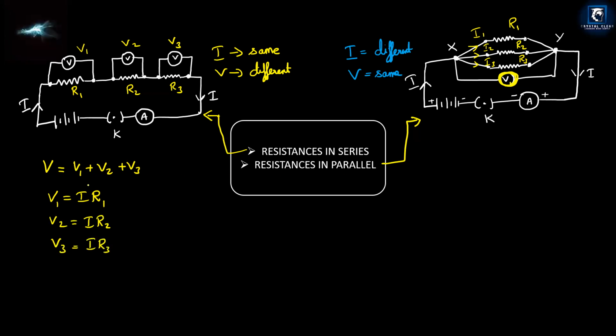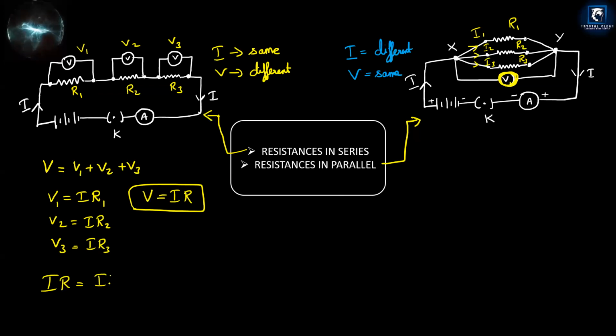Now I'm going to substitute this in this. We all know the general formula V is equal to IR. In the place of V, I'm going to substitute IR. So IR is equal to IR1 plus IR2 plus IR3. Instead of V1, I'm going to use this; instead of V2, this; instead of V3, this.